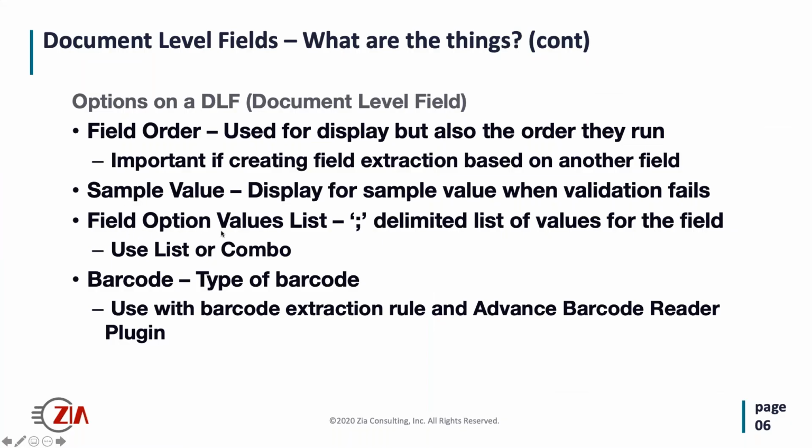All right, let's look at the field option value list and the barcode. The field option value list is only used for the list and combo types. It's just if you want a drop down that has a specific list of values that can be selected from, then you would use a list if it's explicit. You would use a combo if you wanted to be able to type in or make a selection off the list. This would just populate that list.